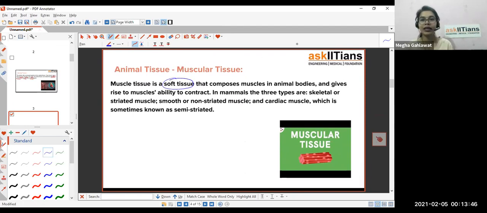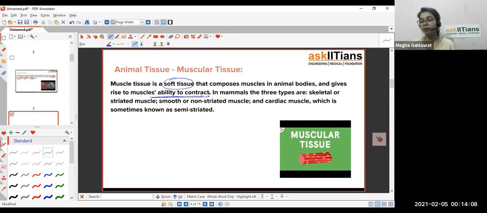Secondly, they give the body the ability to contract. Remember when I told you about how the muscles have the ability of causing the movements in our body with the mechanism of contraction and relaxation? That is what we'll be talking about here as well.